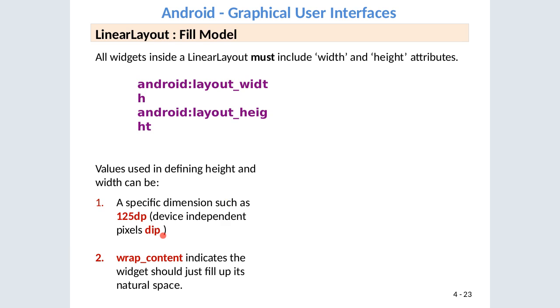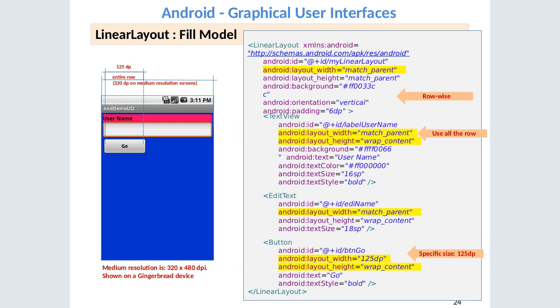Unlike maybe in HTML where you use pixels to specify certain dimensions, in this case we use the DP unit, device independent pixels. You can be able to see that.